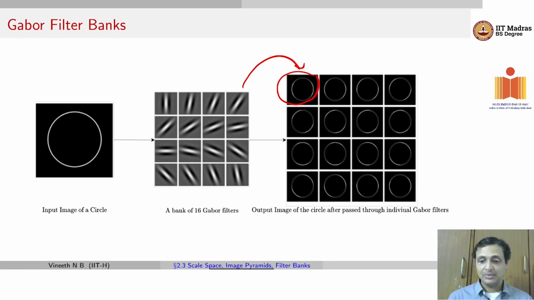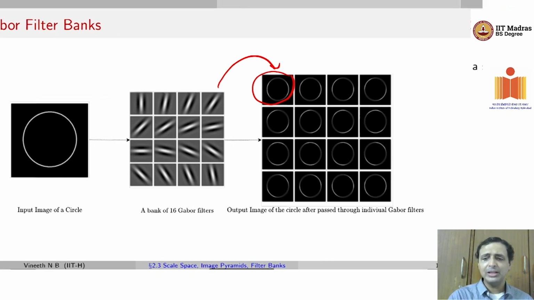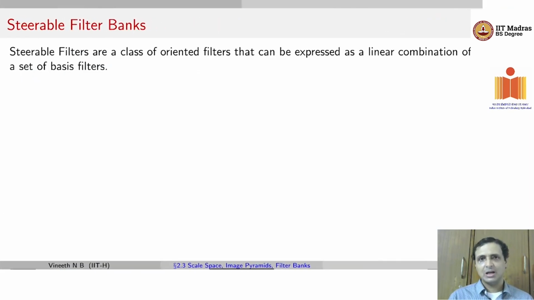In case of a circle, this simply seems to highlight a different perspective to the circle. But when you have more complex textures, each of these responses captures a certain dimension of that texture. And putting these together gives us an overall response of the image to different set of orientations and frequencies.